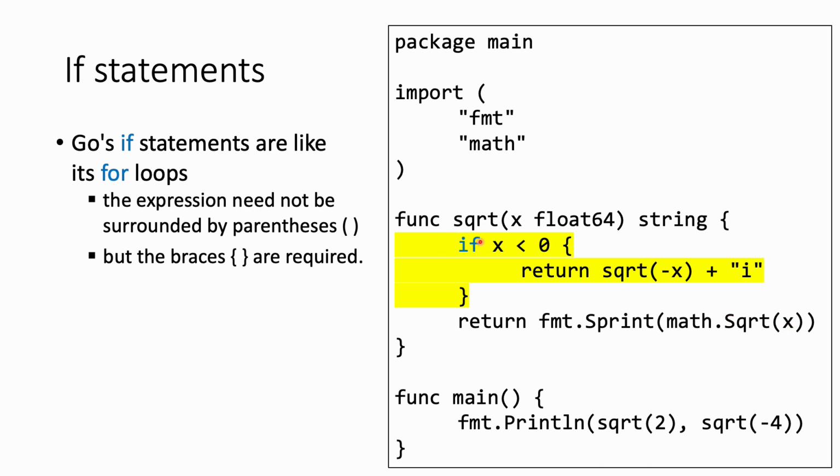And so that is in the function sqrt. And in the function main, you can call the function sqrt. So this is just the entire program that has an if statement. This is a very simple if statement. You can have more statements between the braces in the if statement. You don't need to have just one.